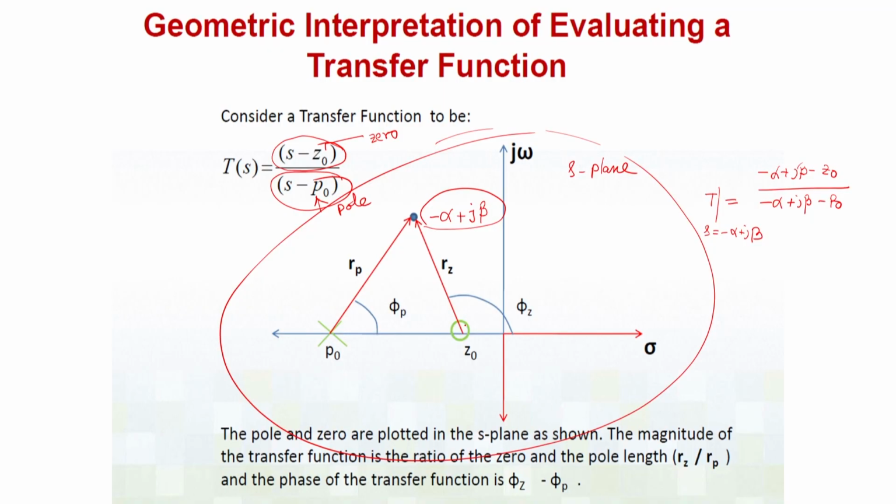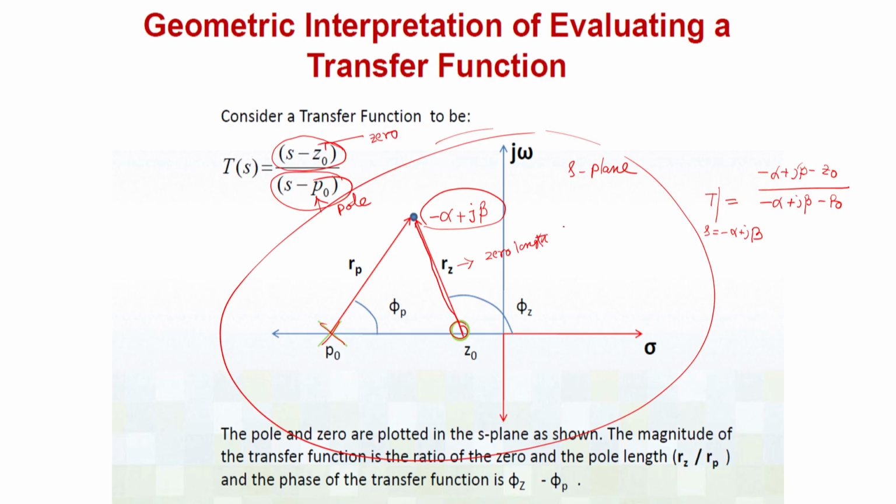Well, for that this 0 and the pole marking is very much important, because the moment I put the point, I can actually draw a line from this 0 to this point, and we are going to call it R z, which is nothing but the 0 length.